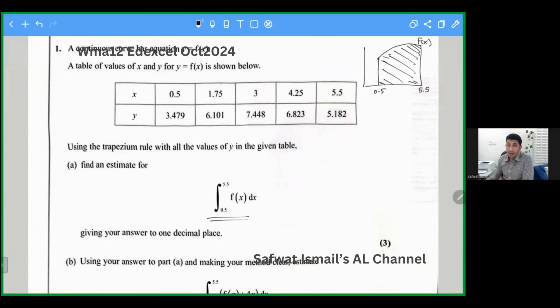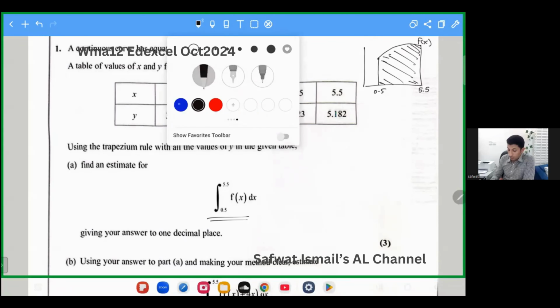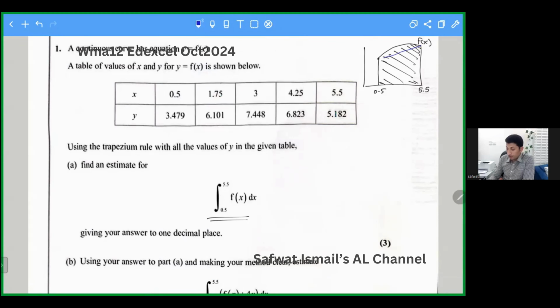And to estimate the area, we need to divide the area into trapeziums. Because if we just use only one trapezium, like this, it would give us an underestimation of the area. Because as you can see, this part is not counted. So the area of the trapezium would be an underestimation of the area or the definite integral.